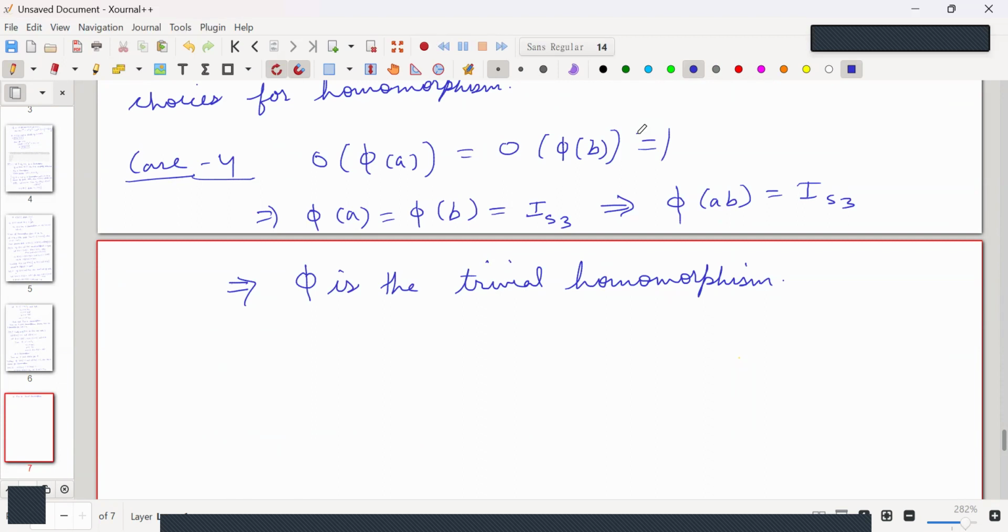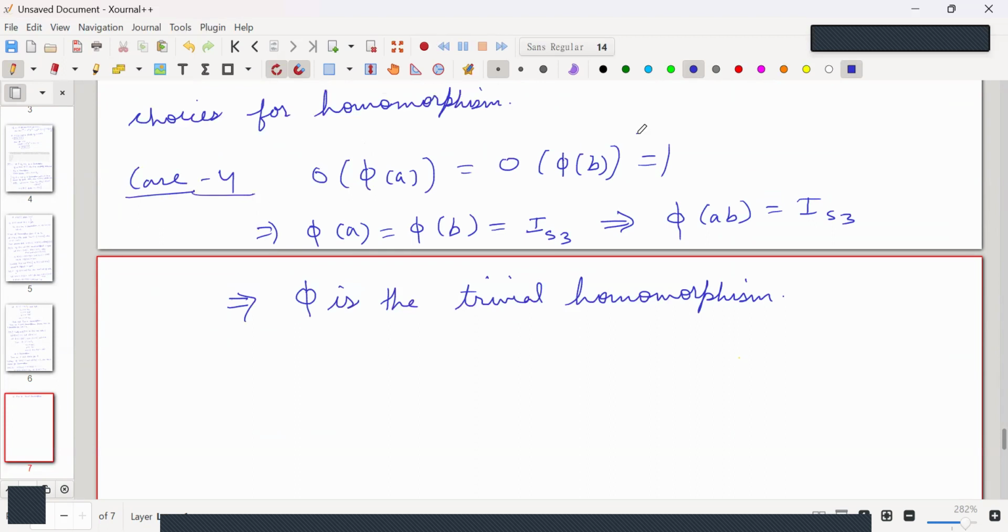So finally they add up to 10. Of your options in which you have mapped, say, A to some order two element and the others to identity, that will not be a homomorphism, right? Yes, sir. So none of them will be a homomorphism.